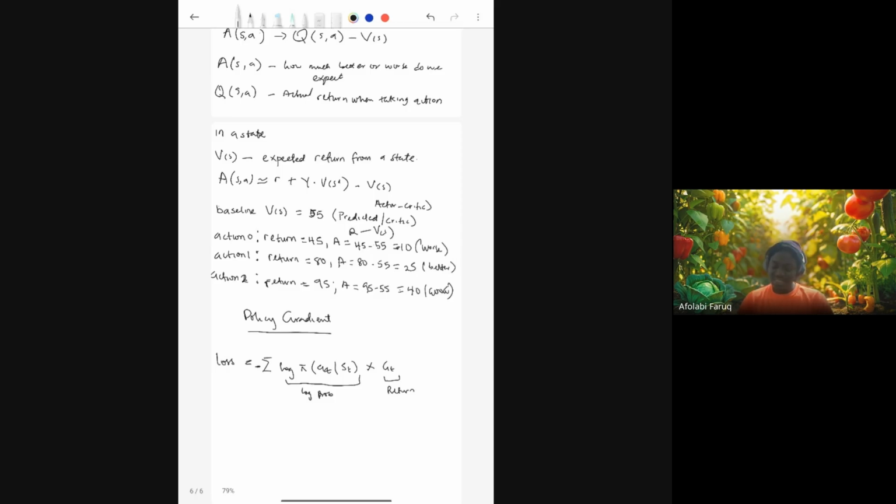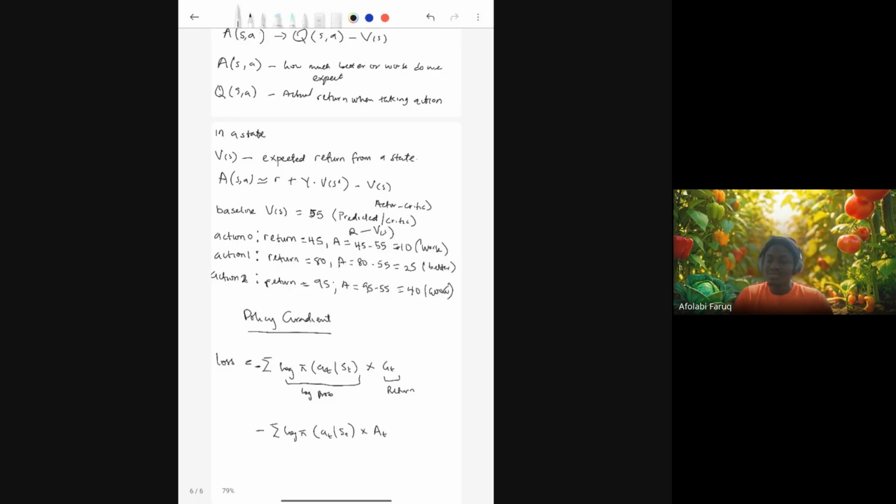And then with advantage, what that would look like is minus summation of log pi of a_t given s_t times A_t. That is basically how that will work. Here we are not just looking at the log probability alone; we are also keeping in account the return and the advantage.